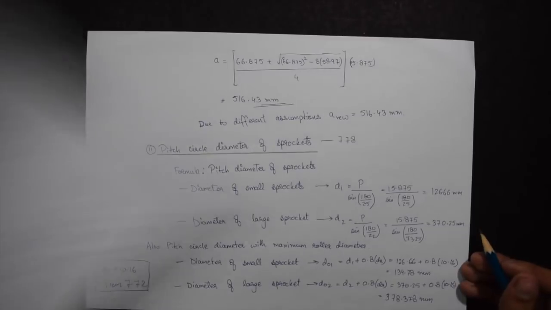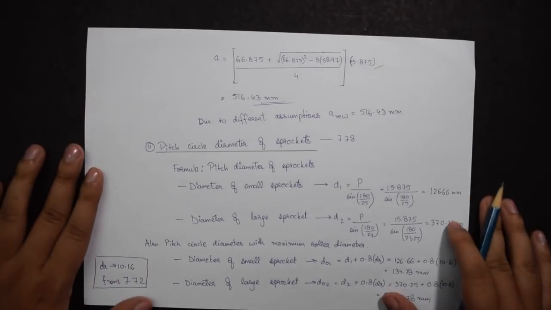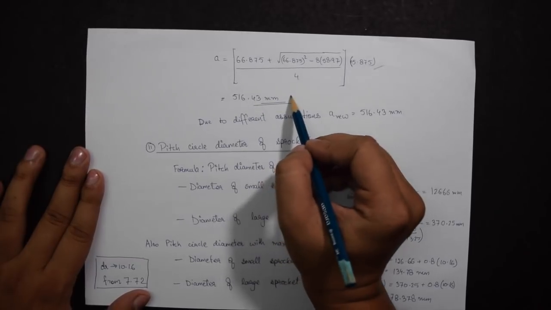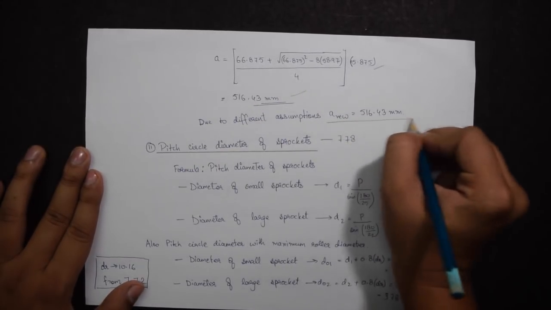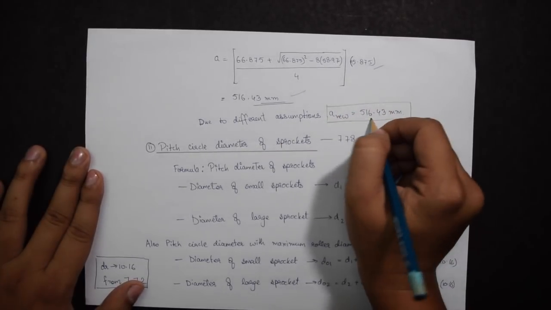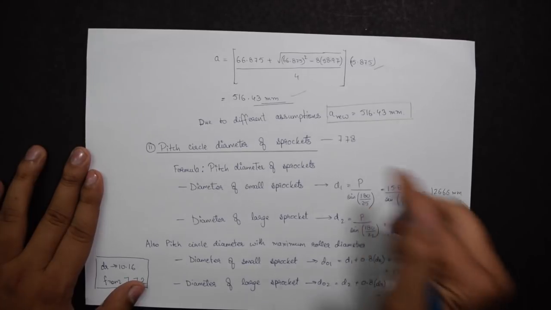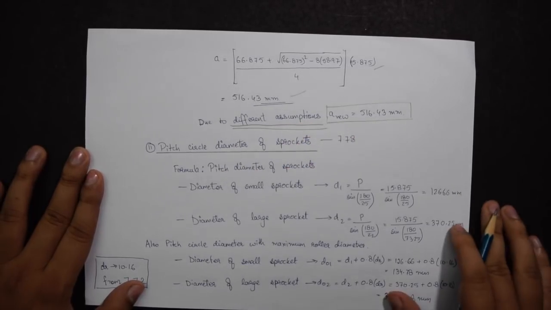Solving the main equation for corrected distance, we get the value of A as 516.43 mm. So we got a new value of 516 mm from 500 mm, which was originally given in the question, because we have assumed so many things along the way while solving the question.